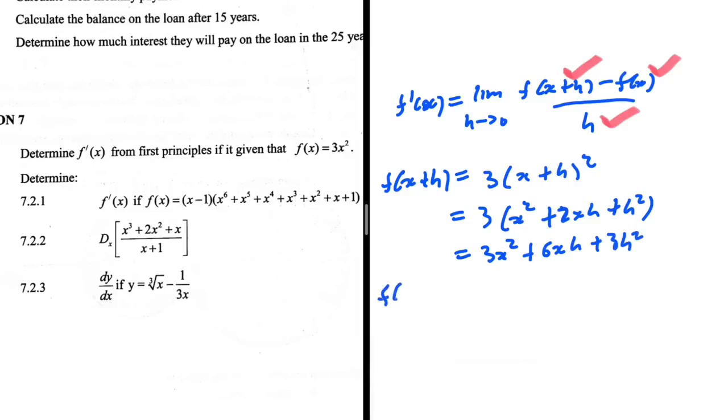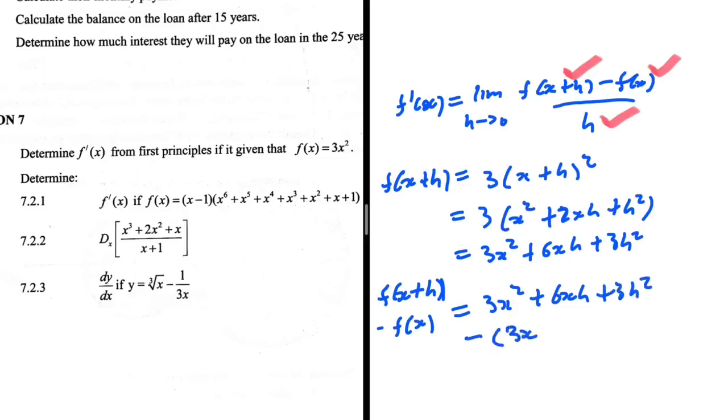So what about f of x plus h minus f of x? Let's go ahead and do that. So that will give us 3x squared plus 6xh plus 3h squared minus 3x squared. 3x squared minus 3x squared will give us 0.